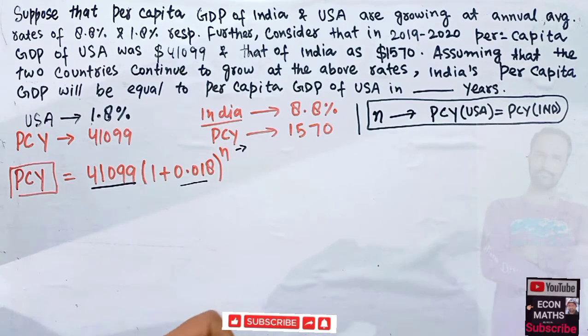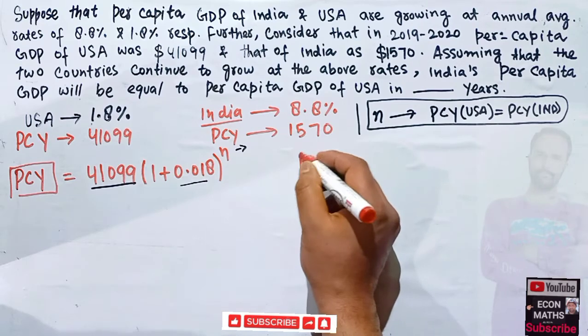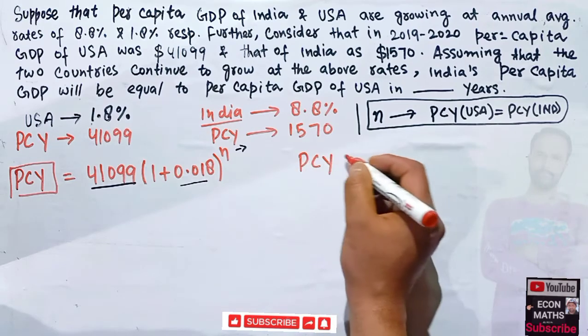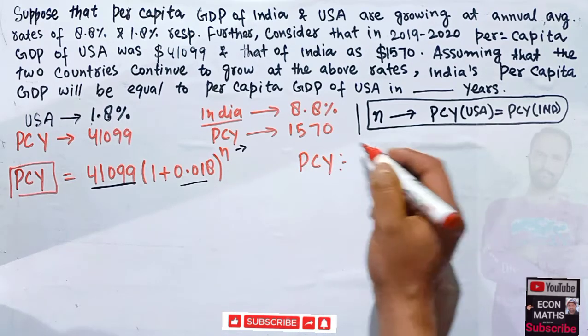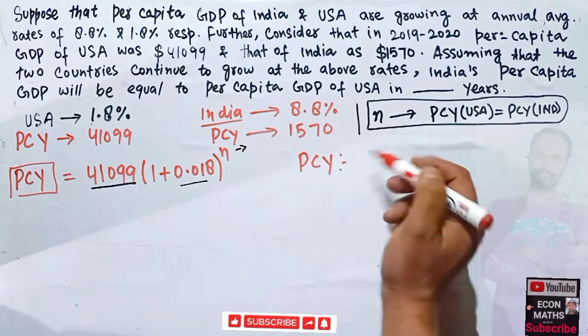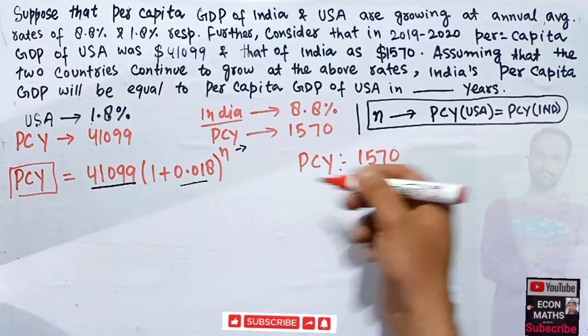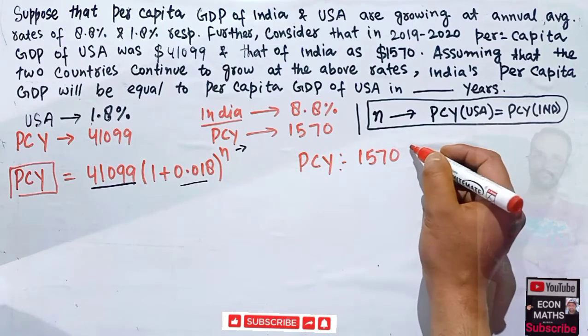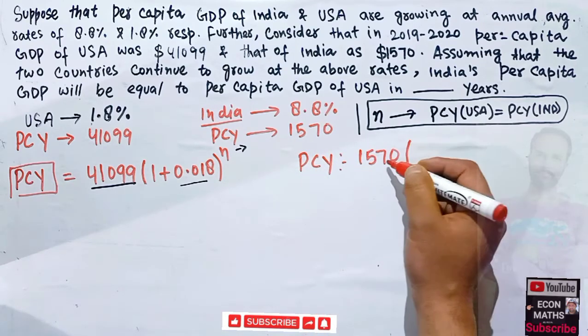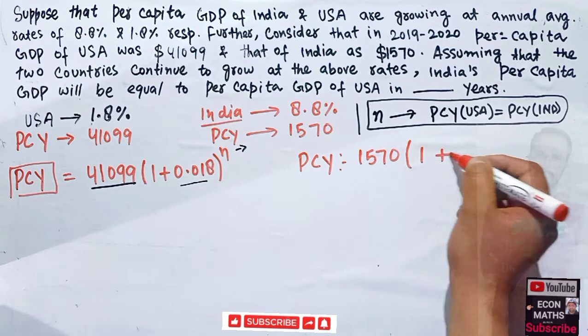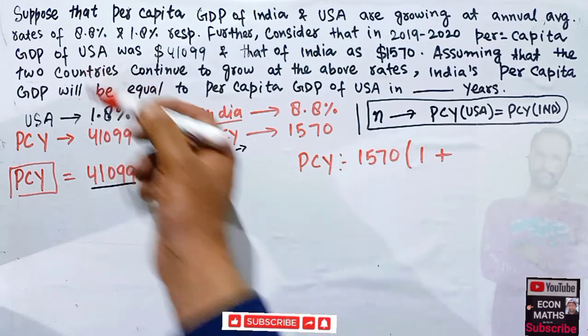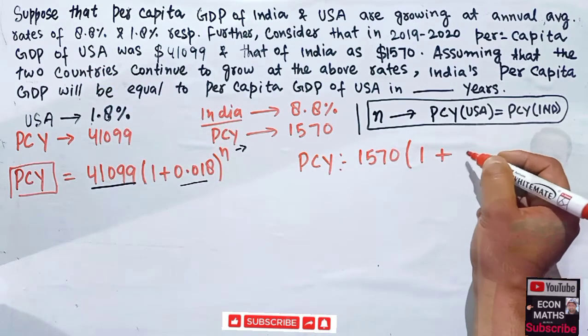Similarly for India, what will be the per capita income? Per capita income after n years will be equal to 1570. That is our original amount, or in this case original per capita income. To this we multiply 1 plus the growth rate of India, which is 8.8%.